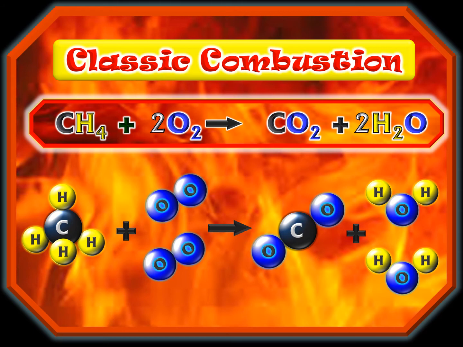So notice that the carbon winds up in the carbon dioxide. The carbon, which started in the methane, winds up in carbon dioxide. Well, that's way better off because now it's got 2 double bonds to oxygen. That's much more stable.